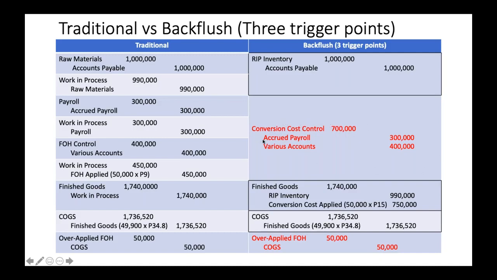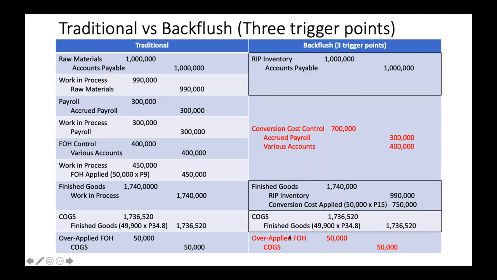Okay, so aside from this one, upon comparing control and applied, we have a difference of 50,000. So we have to make another flashback entry, and that is debit over applied factory overhead of 50,000, and then credit cost of goods sold 50,000.